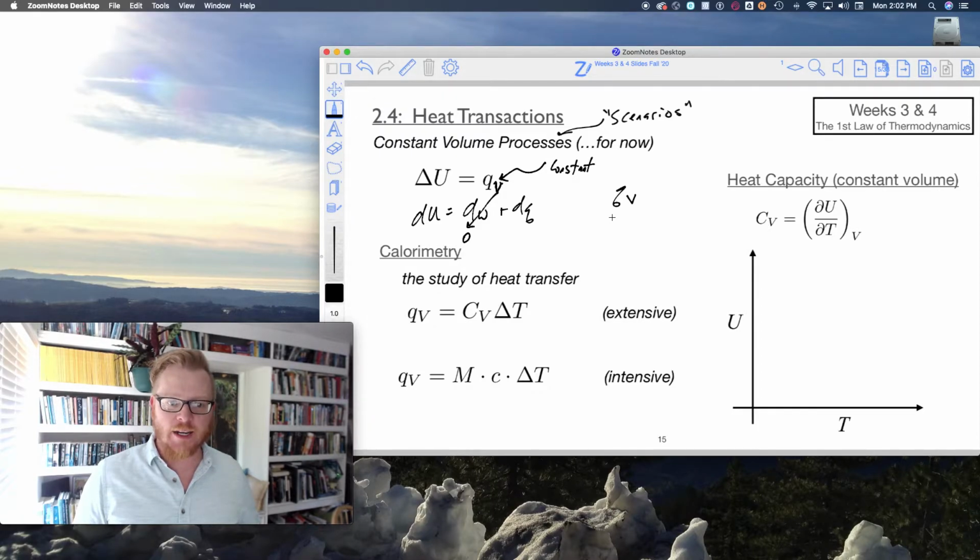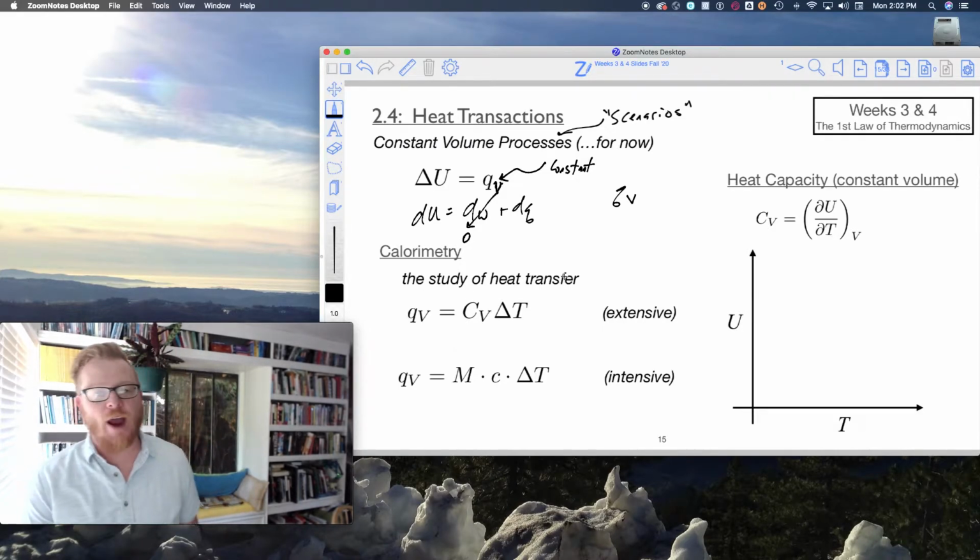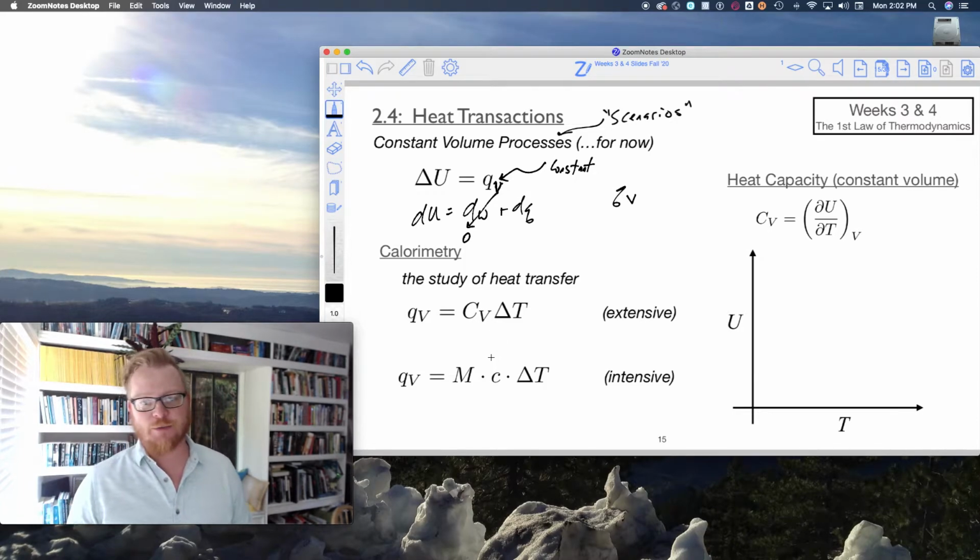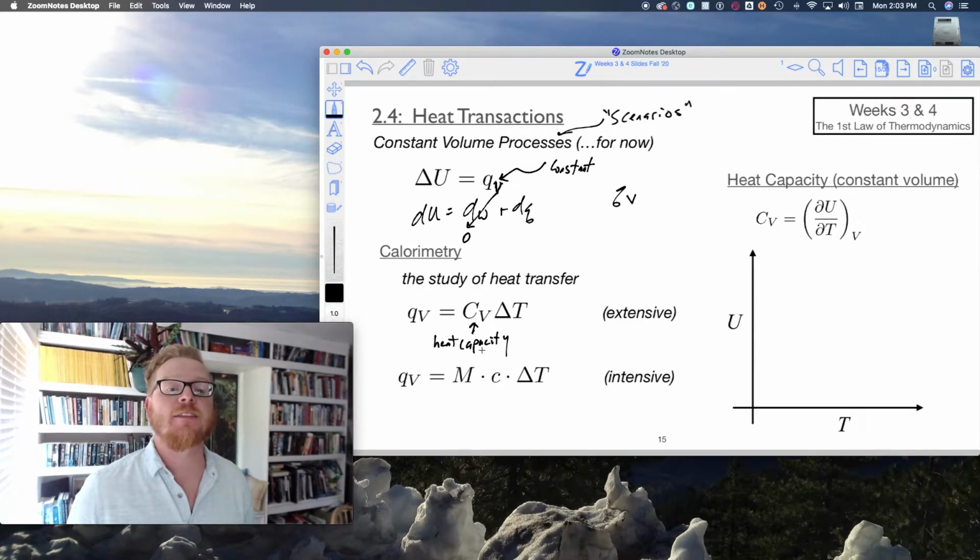So we can study this process via calorimetry, the study of heat transfer. We can write QV as CV times delta T, where CV is my constant volume heat capacity. I'm not writing constant volume down there because that little V tells me that it is constant volume. Delta T is the change in temperature, T final minus T initial.